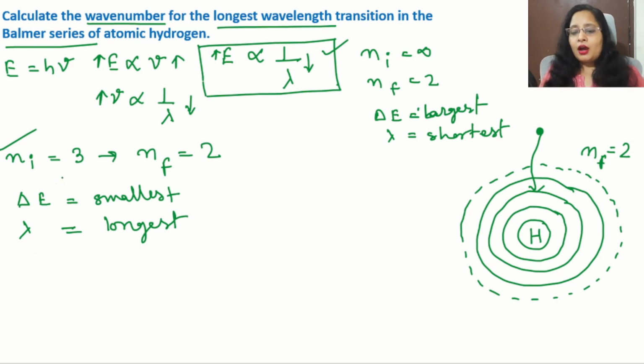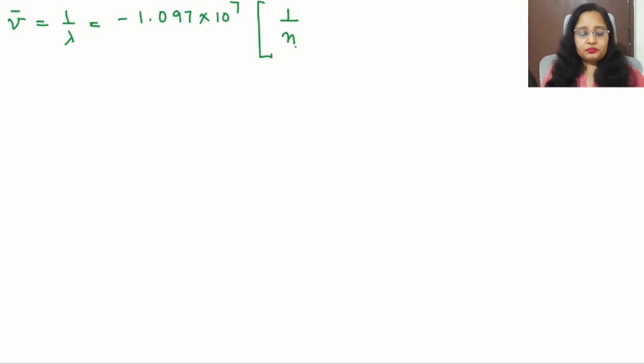Now after getting these two points, we are going to calculate the wave number. The formula for wave number is mu bar, or we can say 1 by lambda, equal to minus 1.097 into 10 to the power 7, in brackets 1 upon n final square minus 1 upon n initial square, multiplied by z square.